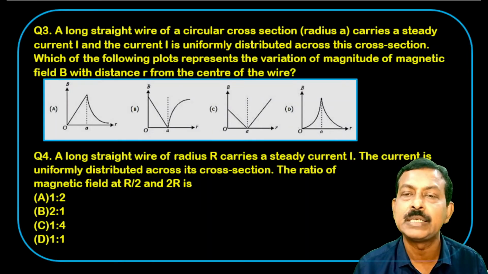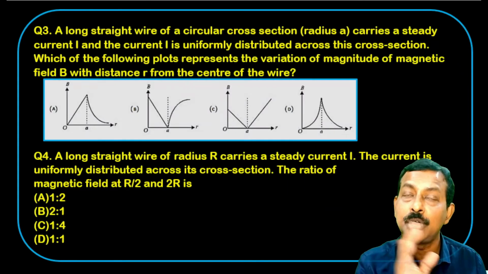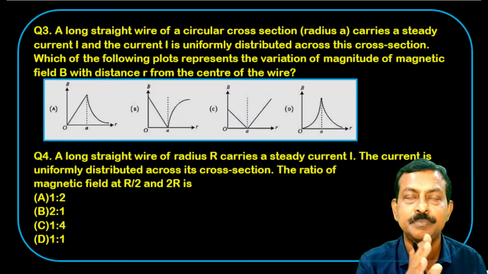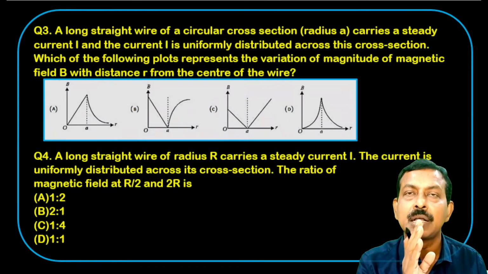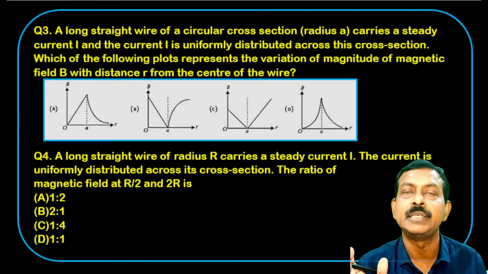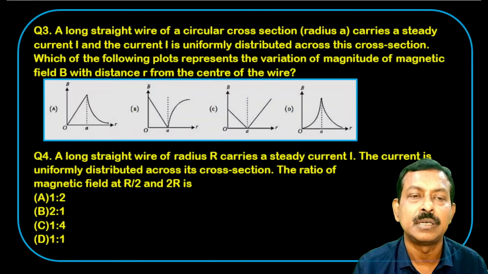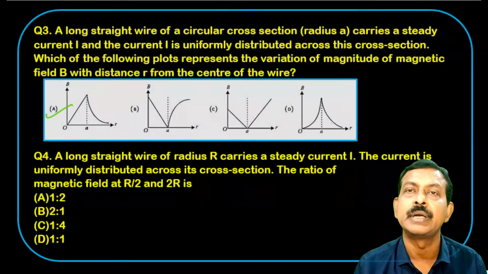Now in this case we have seen that when small r was less than capital R, B was varying directly with r, and for the case when the distance small r from the axis is more than the radius, it was varying inversely. So if you look at the diagrams, the first one is the correct one, because the second one is wrong, and this is also wrong. So the first one will be the correct option.